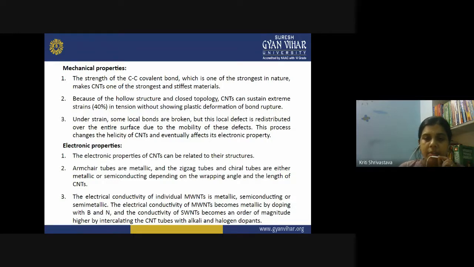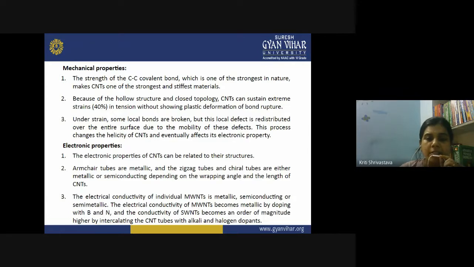That defect will be redistributed over the entire surface, because on the surface of the carbon nanotube these defects are mobile. They can travel from one place to another, so that defect, that strain that comes in the tube, can be redistributed. This process changes the helicity of carbon nanotubes and eventually affects its electronic property. So that is about the mechanical properties of carbon nanotubes.